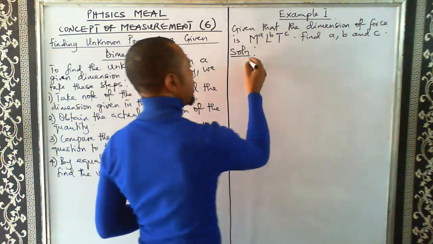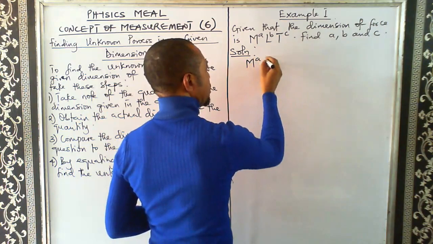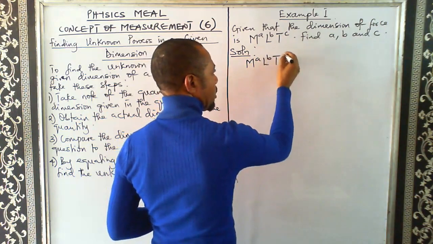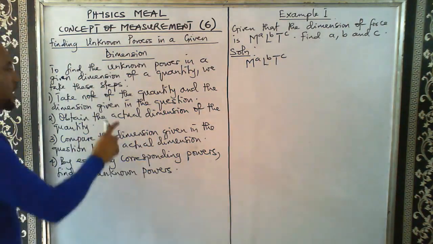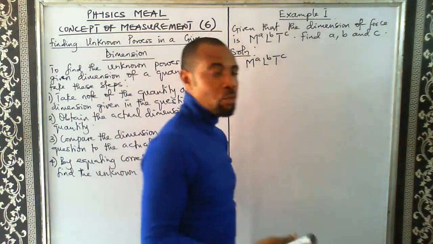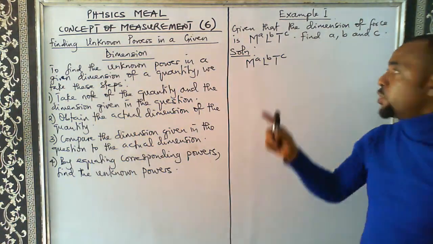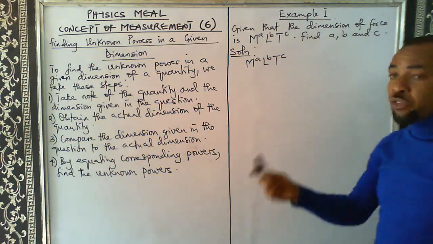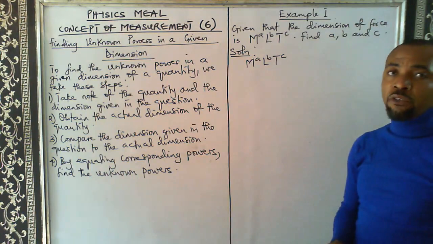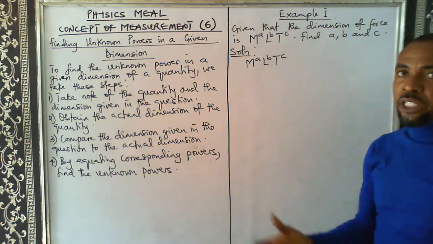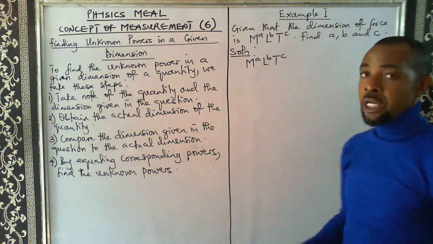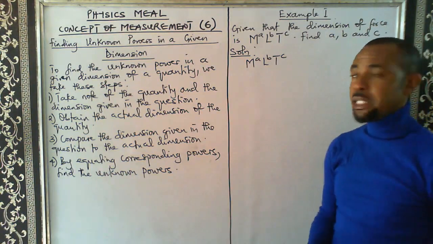So let's write down the dimension. That's the dimension given in the question. Then they say obtain the actual dimension of the quantity. The quantity of interest here is force, so we have to obtain the actual dimension of force. We already know the actual dimension of force. If you watch our previous videos, you will see how we obtain the dimension of force.